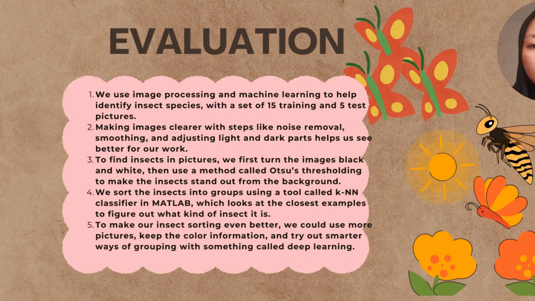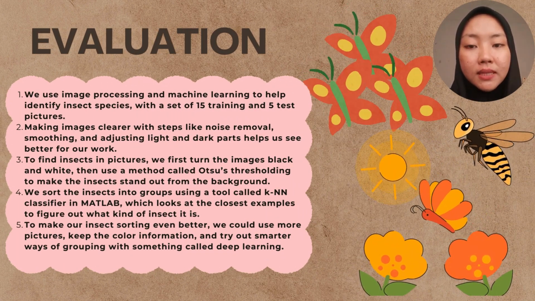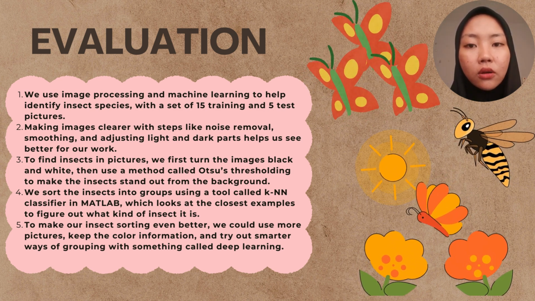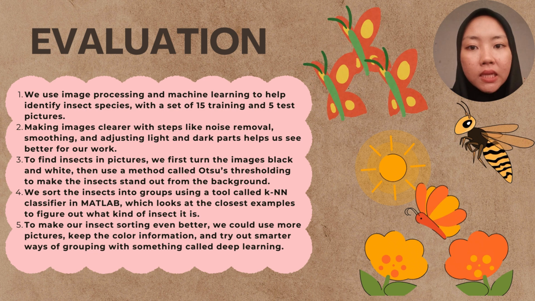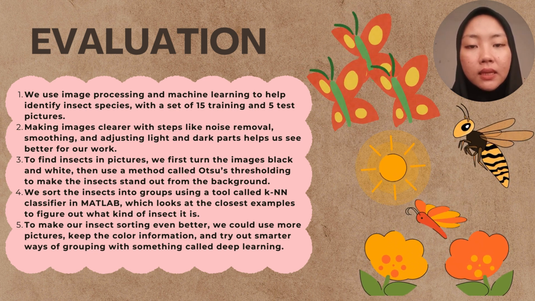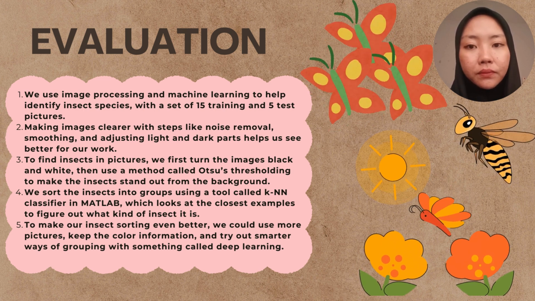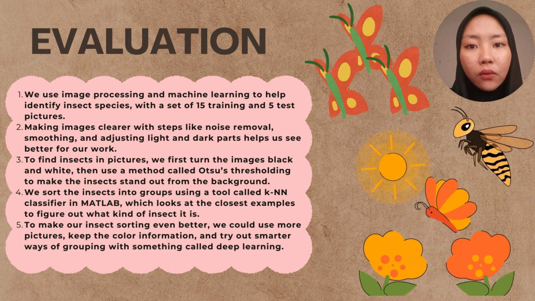For the evaluation, we use image processing and machine learning to help identify insect species with a set of 15 training and 5 test pictures. Making the image clearer with steps like noise removal, smoothing, and adjusting light and dark parts helps us see better for our work. To find insects in pictures, we first turn the image black and white.